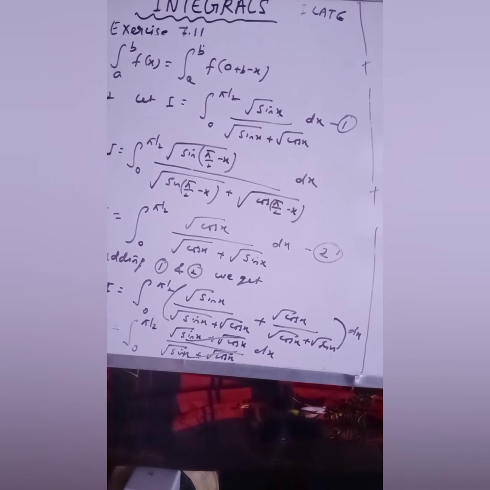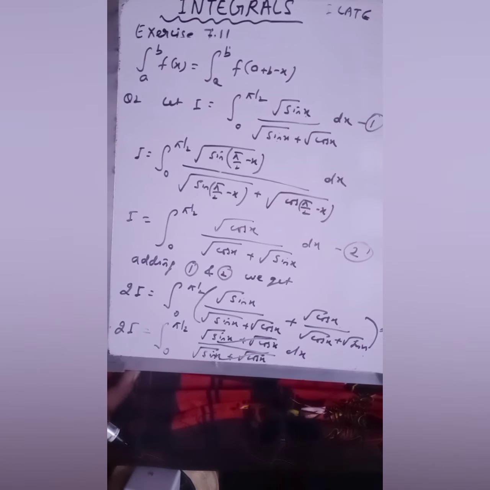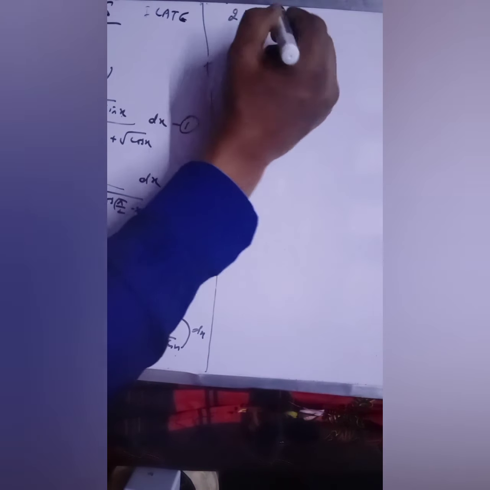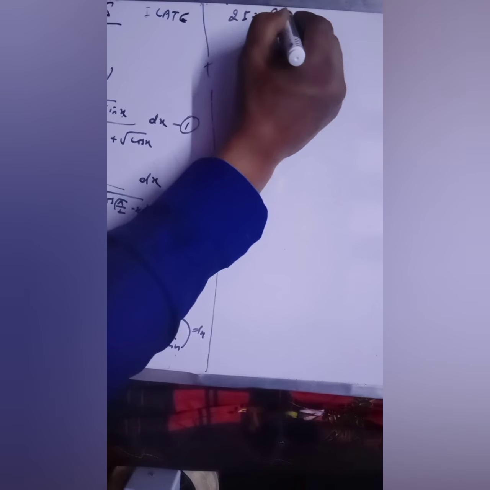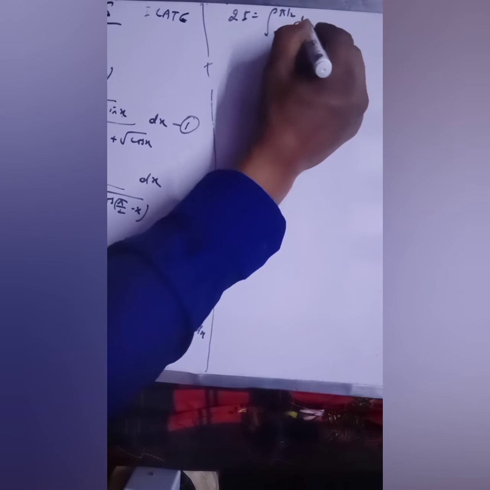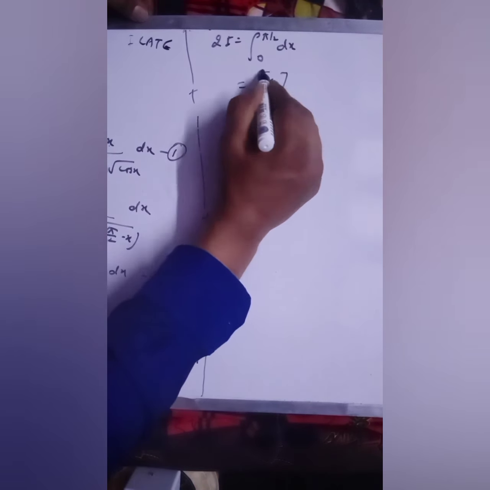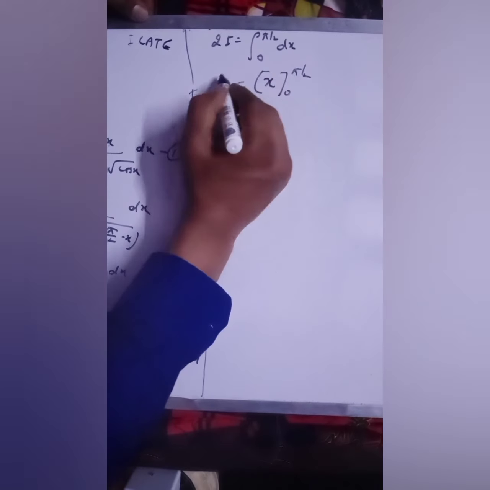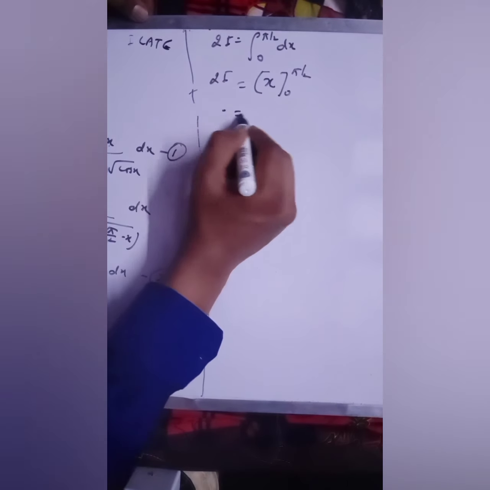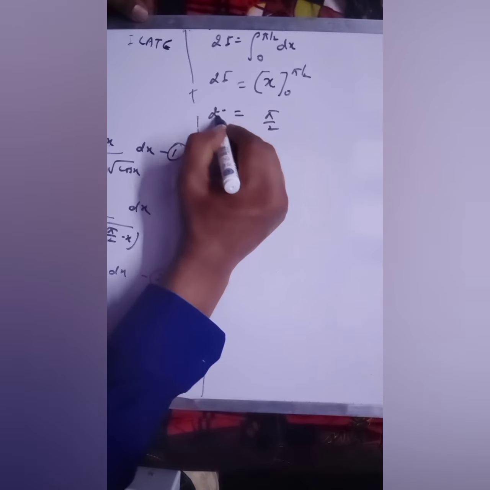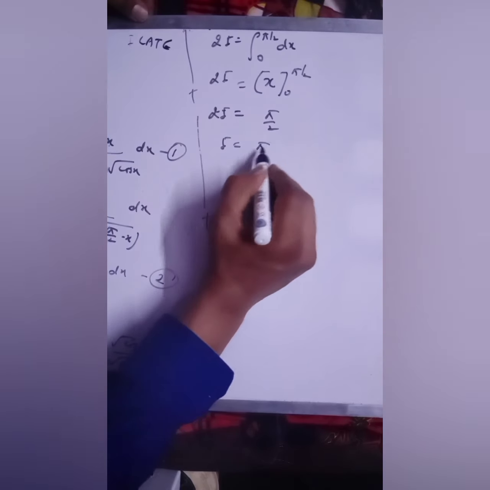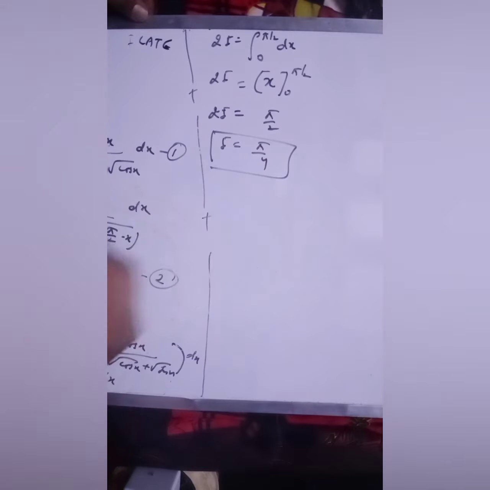This is your 2I, so your 2I is equal to the integral from 0 to pi by 2 of dx. The integration of dx will be x.